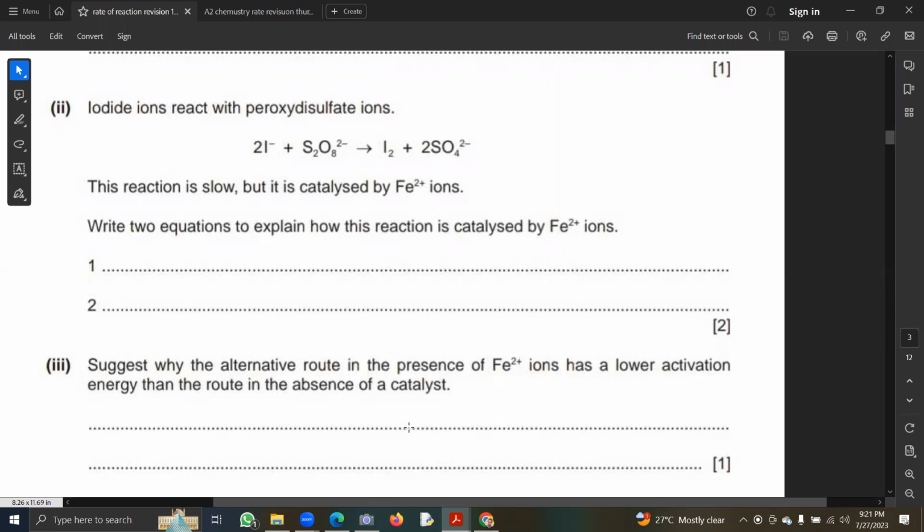So here the answer is: both reactants are negatively charged, therefore they will repel each other.